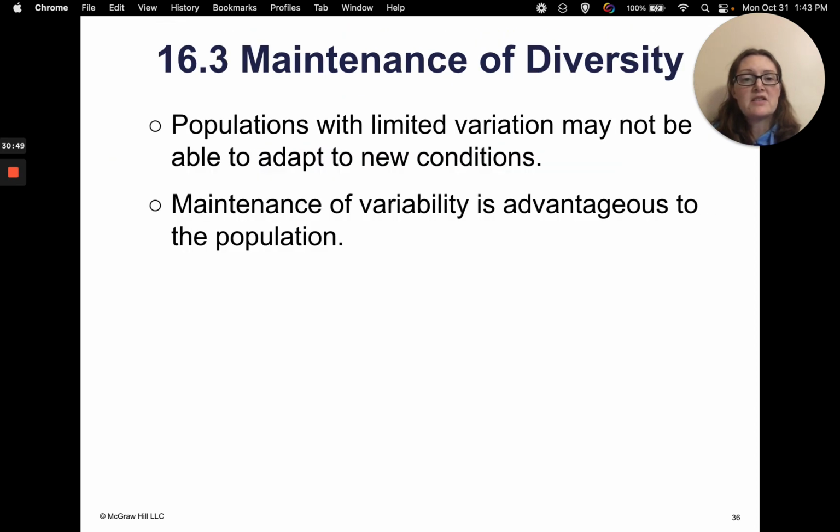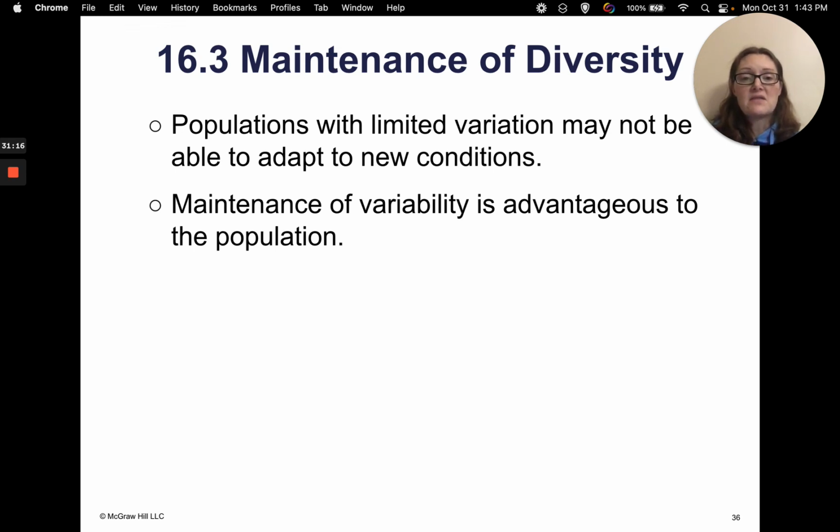So populations with limited variation may not be able to adapt to new conditions. Adaptation is vital for any species or any population to survive over time. They need to have a good variety of genes. Now, it's not always possible for an individual to survive, but the idea is that if there's enough diversity, the population as a whole can survive.